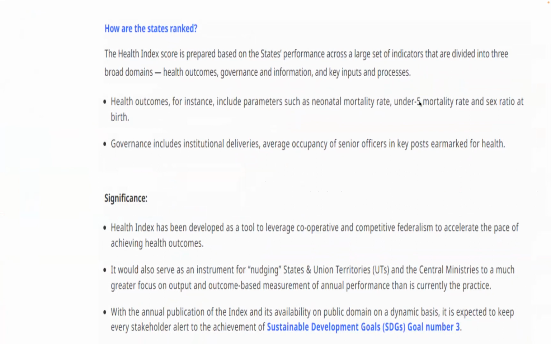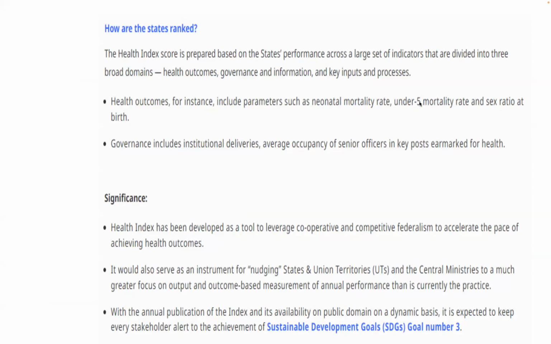See, whenever we are talking about states to be ranked, the health index is prepared based on the state performance across a large set of indicators and is divided into three broad domains. So what we are doing is taking record of certain indicators.